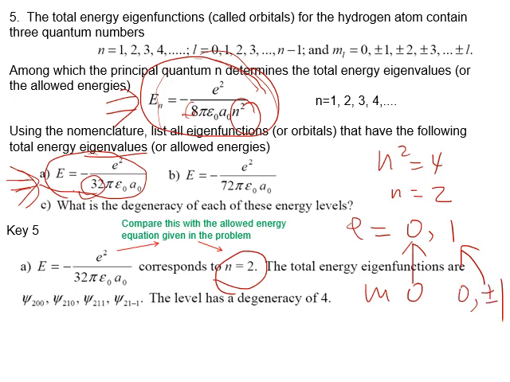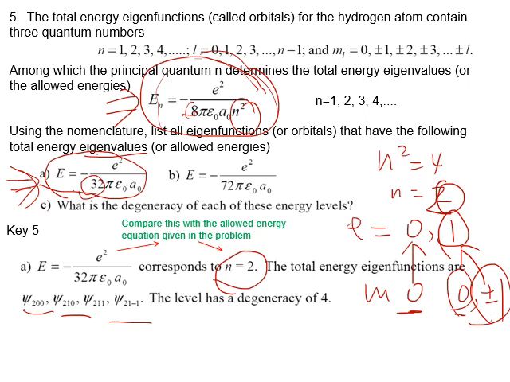Therefore you have 4 wave functions: (2,0,0), (2,1,0), (2,1,1), and (2,1,-1).